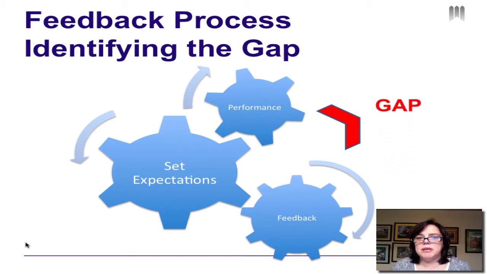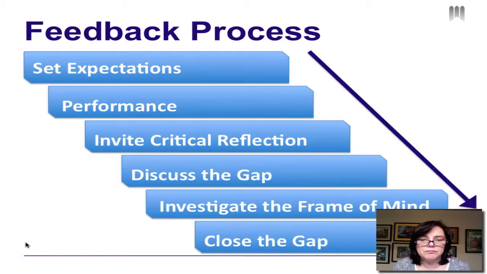So that's the big part of this exercise for the fourth year student, is to provide them an authentic learning opportunity to teach in a clinical context and to identify some gaps that they can work on for improvement.